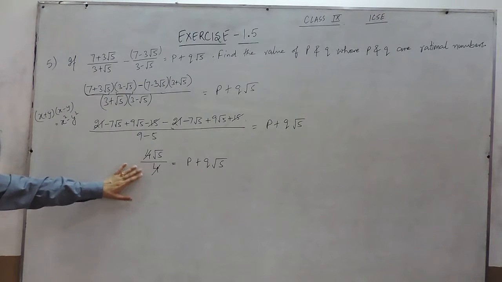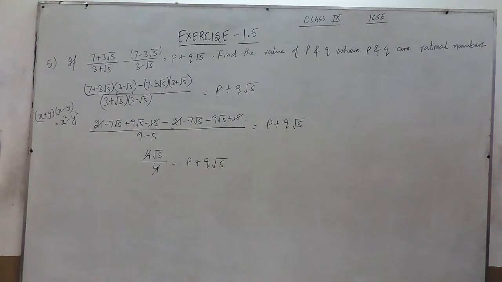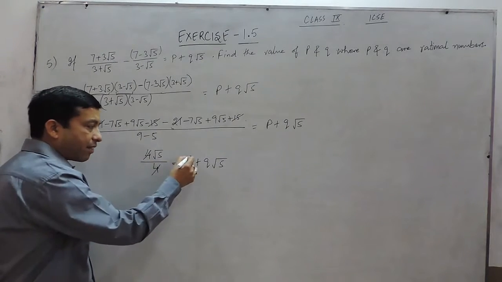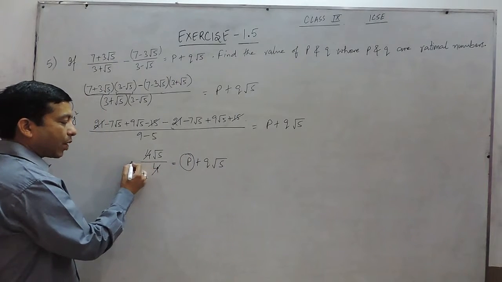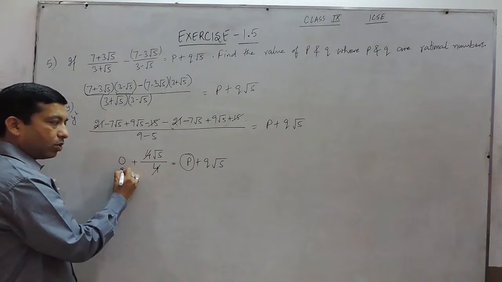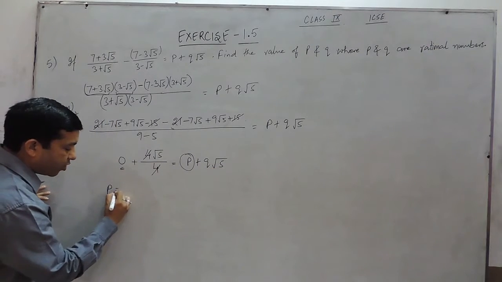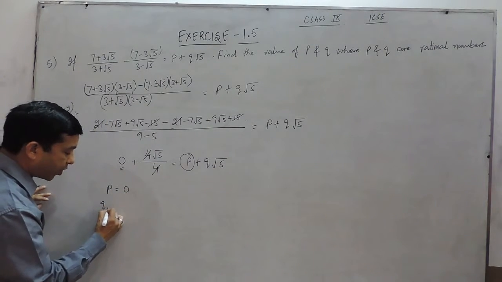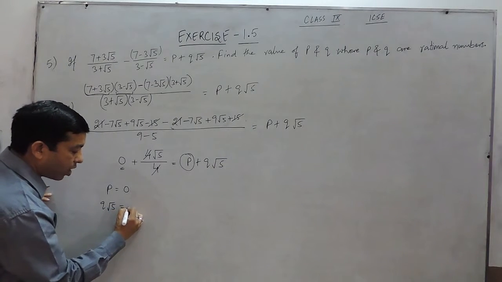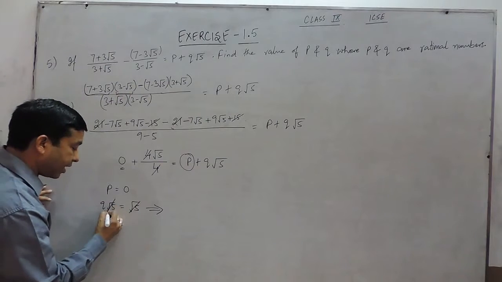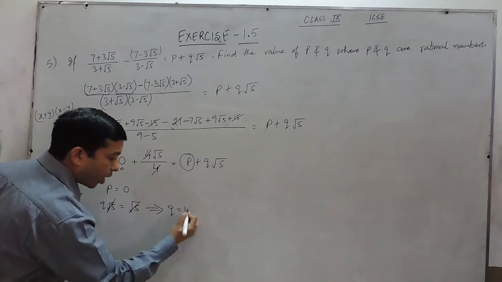Now it is very clear what the values should be, because the rational term has to be equated with the rational term, which is 0, and the irrational term has to be equated with the irrational term. So the value of p becomes 0 and q under root 5 is equal to under root 5, through which we cancel it out, and the value of q becomes 1.